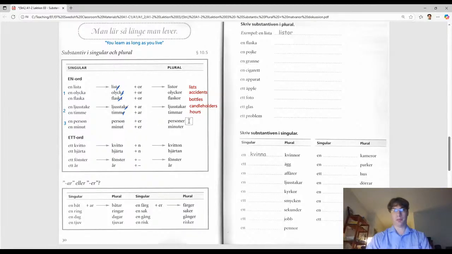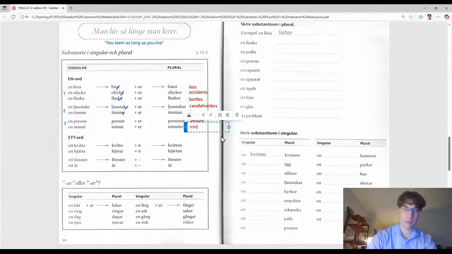So, and then you get personer, which is people, many persons, right? Same with minut, ends on a consonant. It's a group 3. Typically a long word, add ER, get minuter, många minuter.